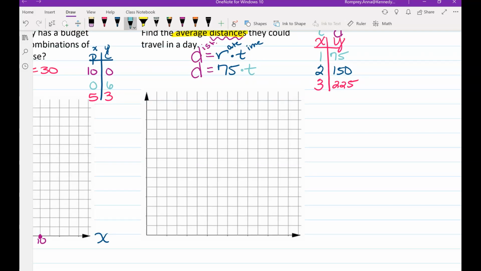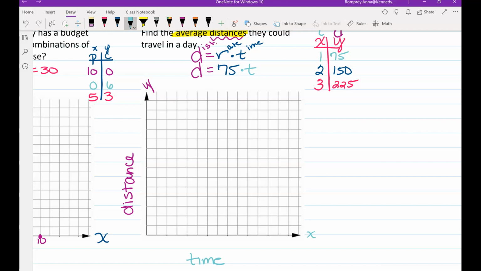Okay, so when I go to set up my graph, again, who is our X? Who is our input? So the input this time is time. So how far we travel depends on how long we are traveling. That's our distance, our Y. So obviously we're not going to be traveling forever. It really is just talking about a day.